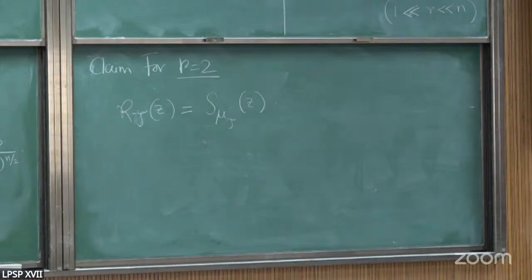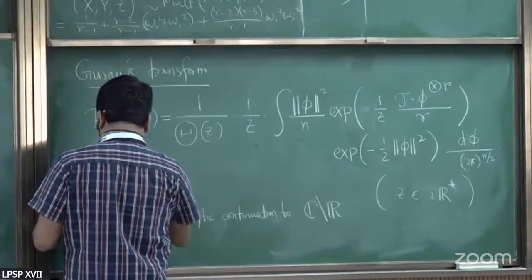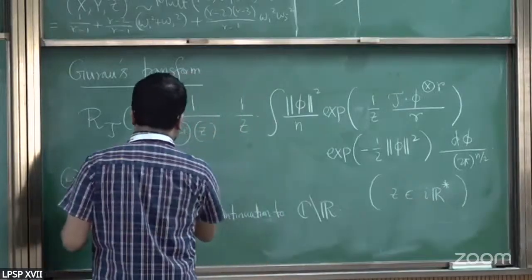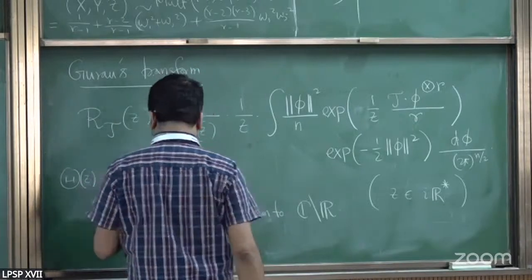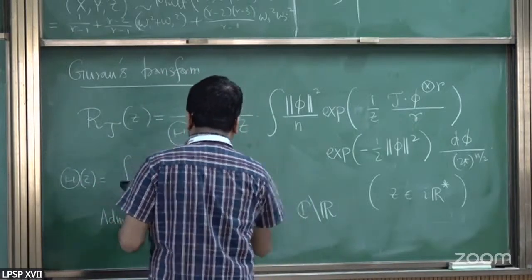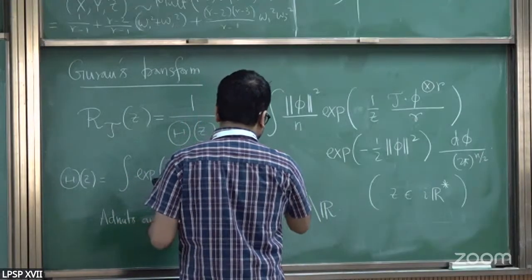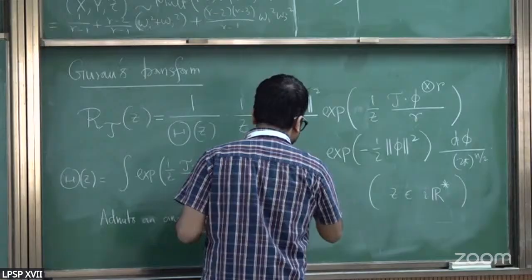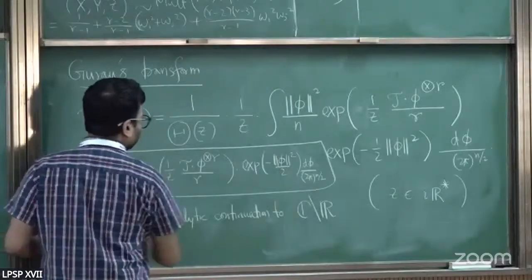Theta of z is one over Z, and then you have the Gaussian density. Just the partition function corresponding to that integral over here.